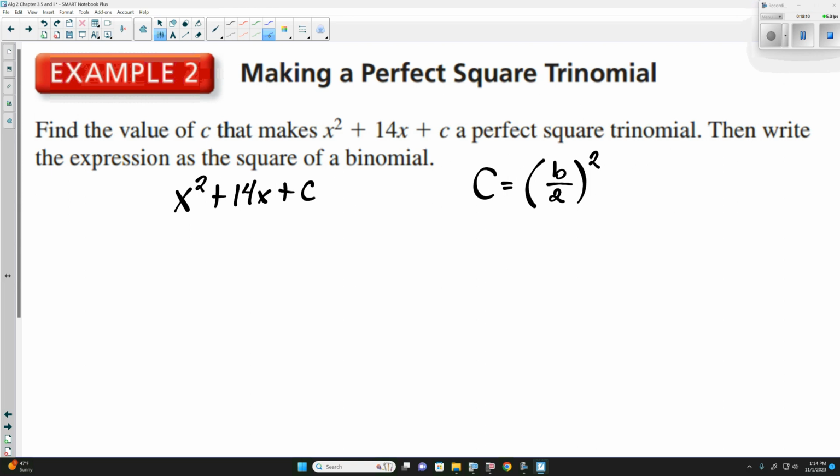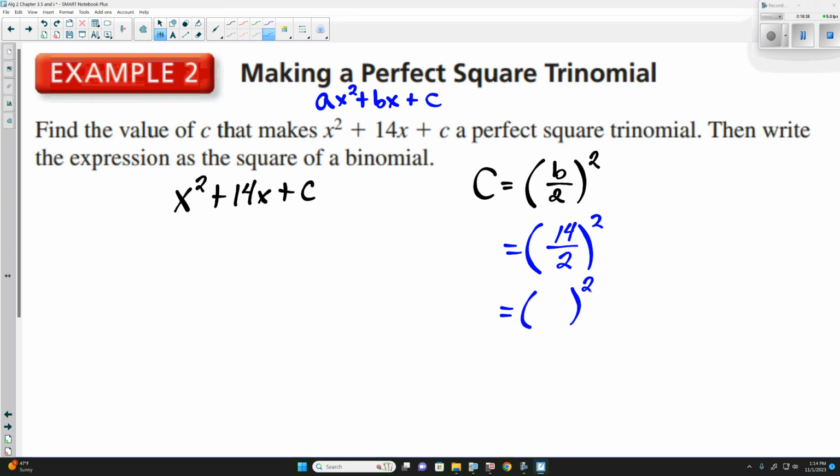And this is all based off our standard quadratic equation, ax squared plus bx plus c. Now for the equation they gave us here, x squared plus 14x plus c, what is the value of b? 14. Positive 14, so we plug in positive 14.